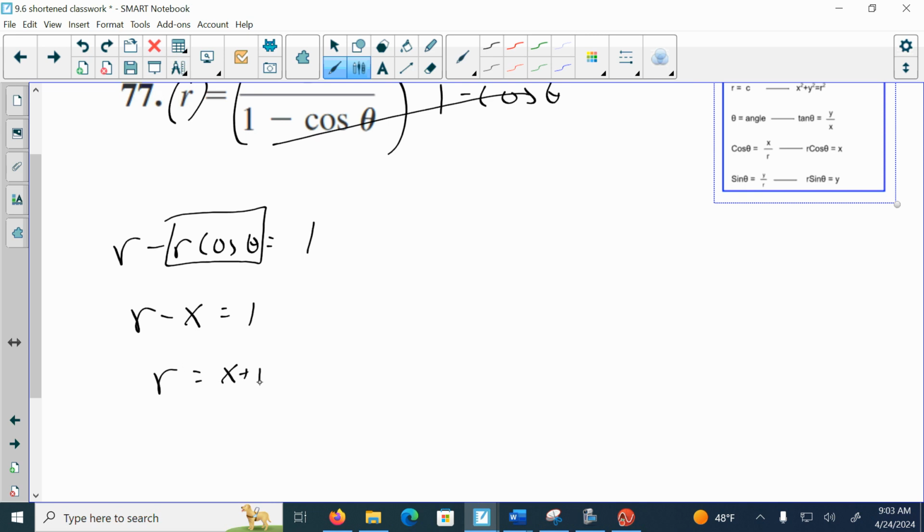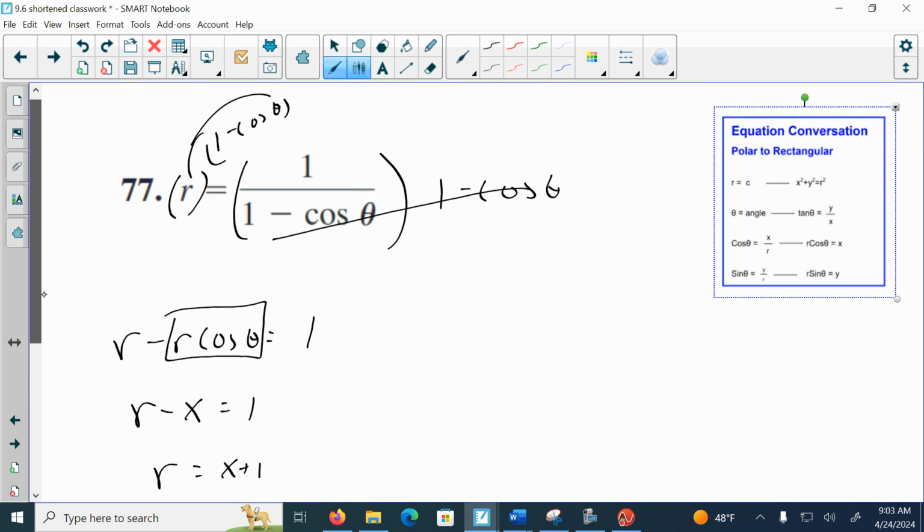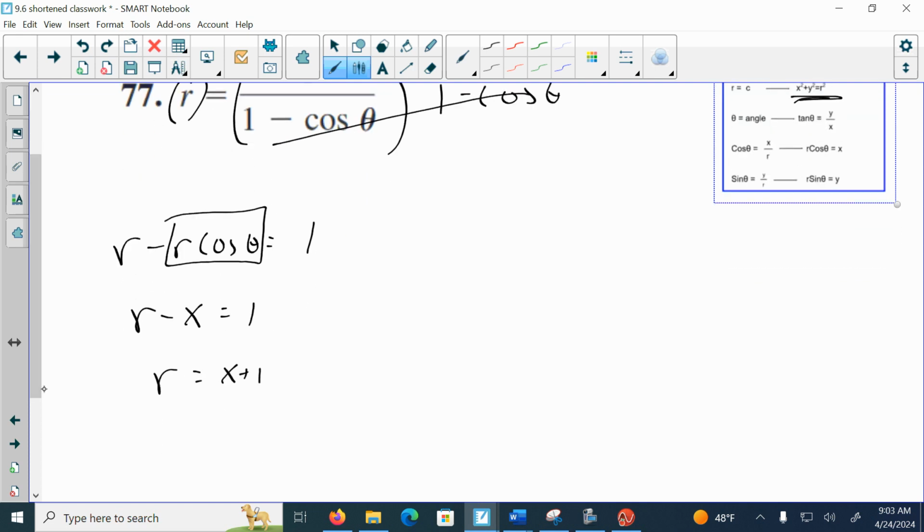In order to get rid of that r and replace it with x or y, you'll notice that the r has to be squared. There's only 2 ways that I can make the r squared: I can square both sides, or I can multiply both sides by r. In this case, since I have r by itself on one side, and I don't have a trig function on the other side, it's going to be easier for me to square both sides.